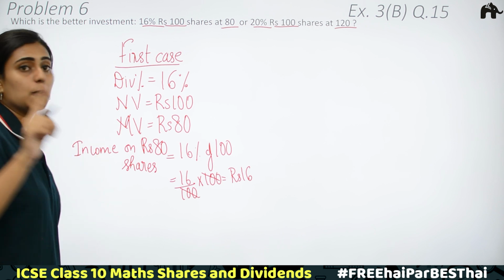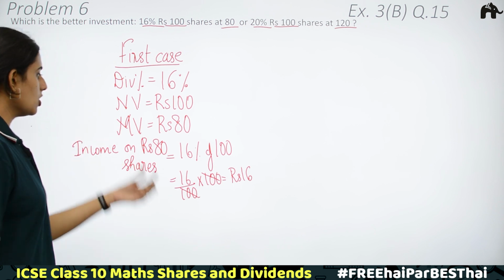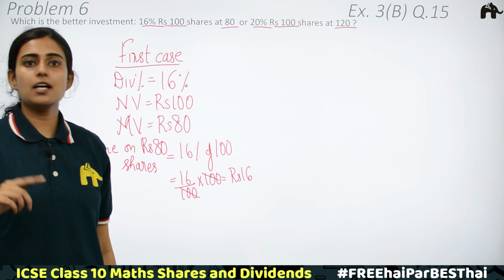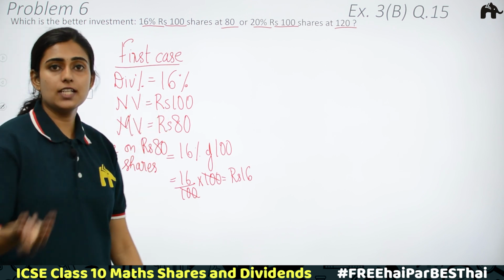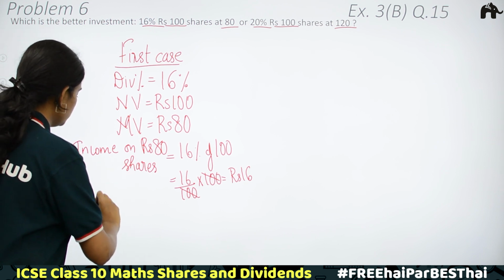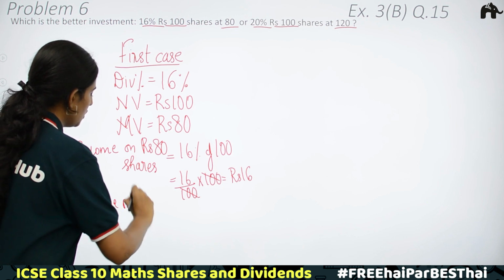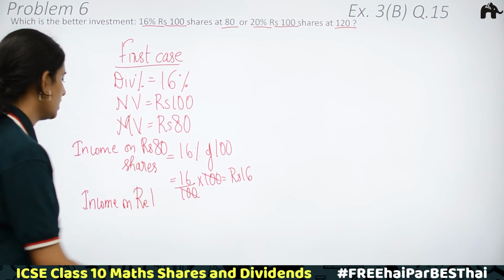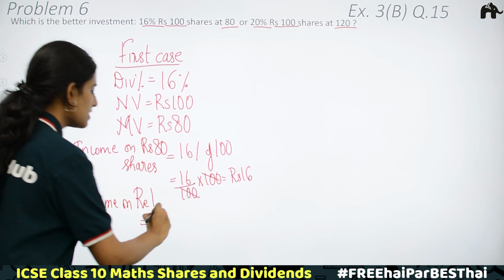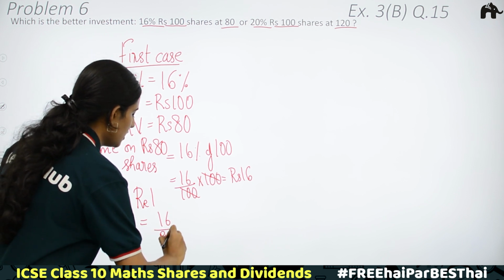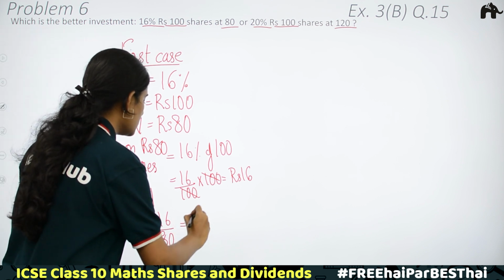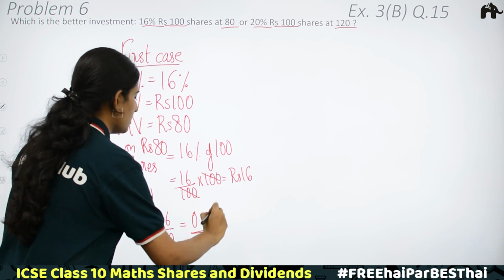Then let's find for rupee 1 in order to make the comparison. Because here you will be getting for rupees 80 shares and the second part you will be getting for rupees 120 shares. Then the comparison will not be correct. So we will find for both the cases in rupees 1 share. So income on rupee 1 will be equal to 16 divided by 80, which is equal to 0.2 rupee.